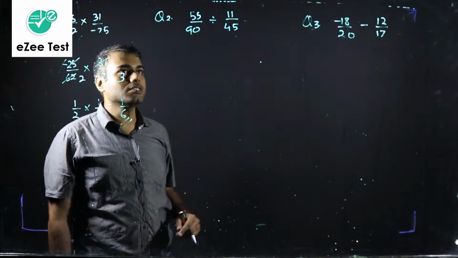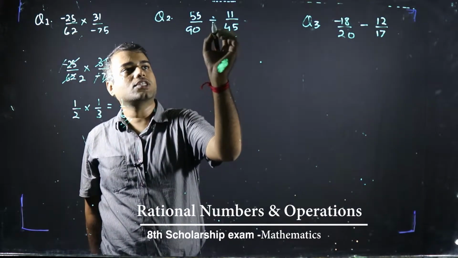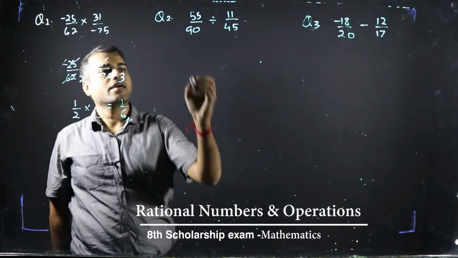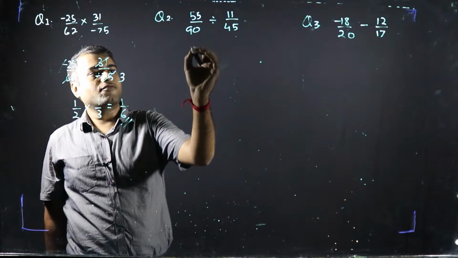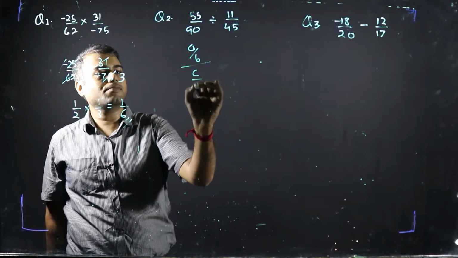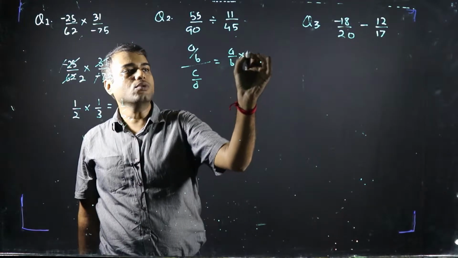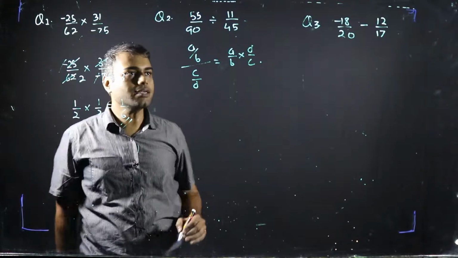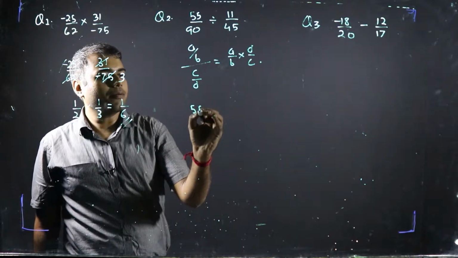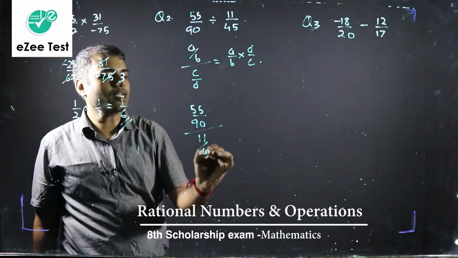Now let's move on to the second question. Now please pay attention that here it is the division of two fractions. And as all of you know, division of two fractions is always in the form of a by b divided by c by d, which we can write as a by b into d by c, right? So here 55 by 90 is divided by 11 by 45.